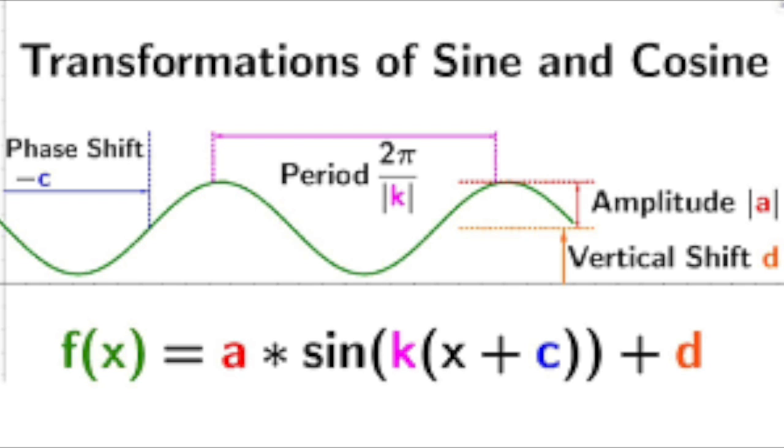A phase shift is a horizontal shift of the function, across the x-axis. D represents the vertical shift, the vertical change. D is added to the whole rest of the equation.